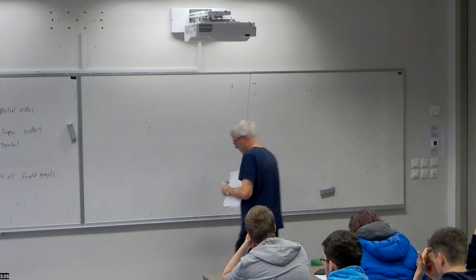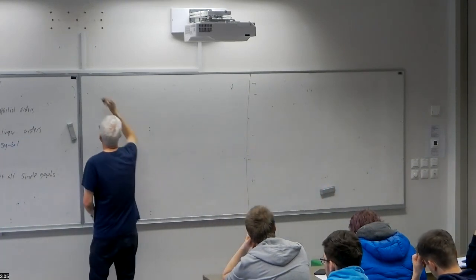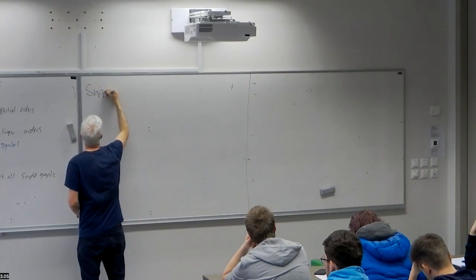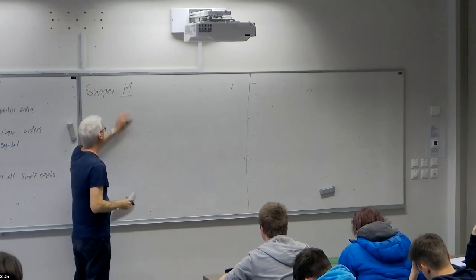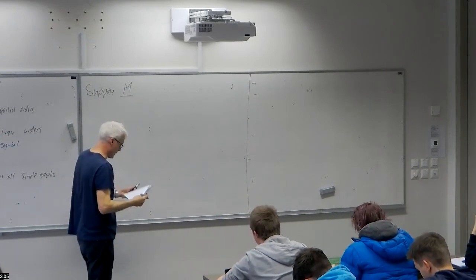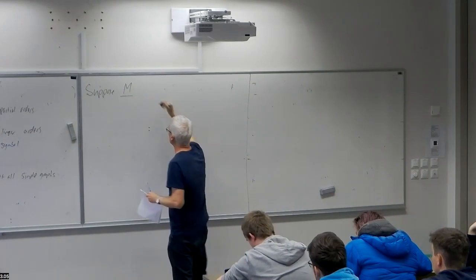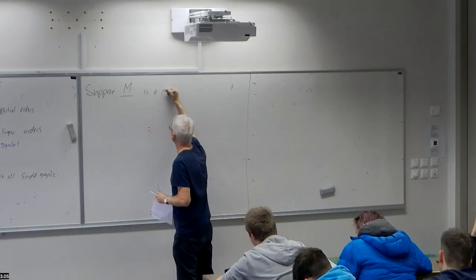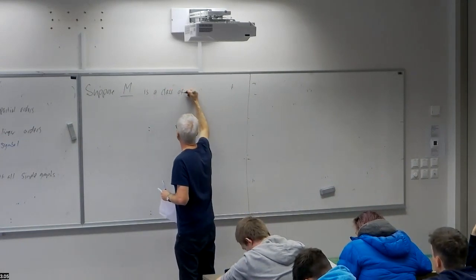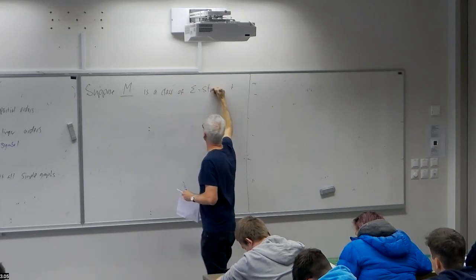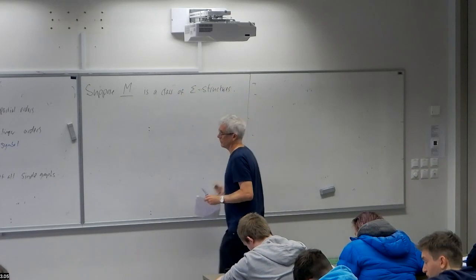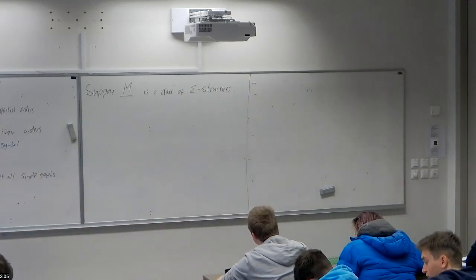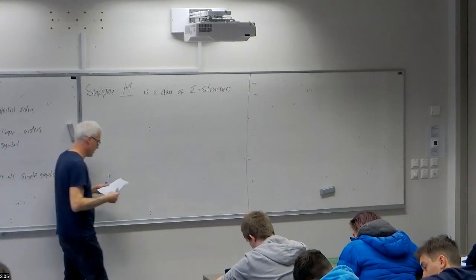So in general now, suppose we have a signature, and suppose M underlined, which is to say a collection of things, is a class of sigma structures. A collection of sigma structures, with some fixed signature. So we might think about the signature for groups, and some collection of structures for that signature.